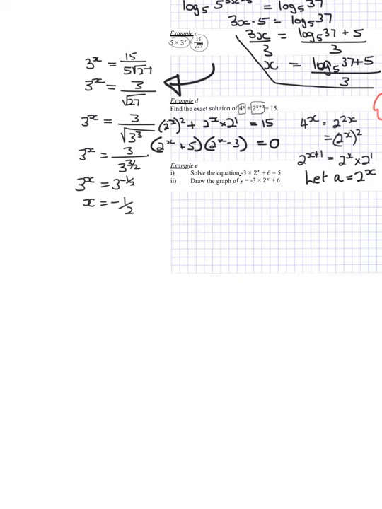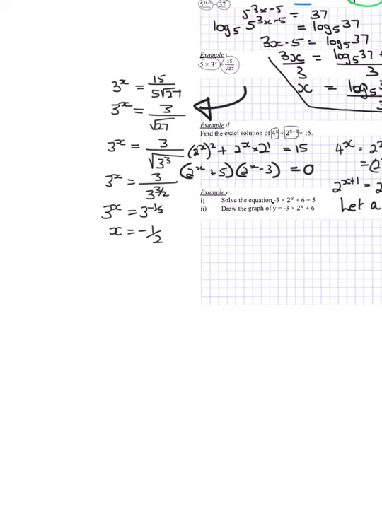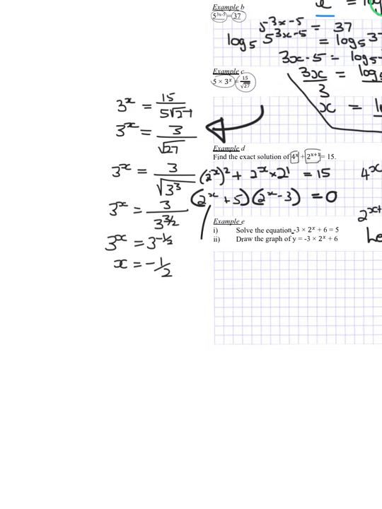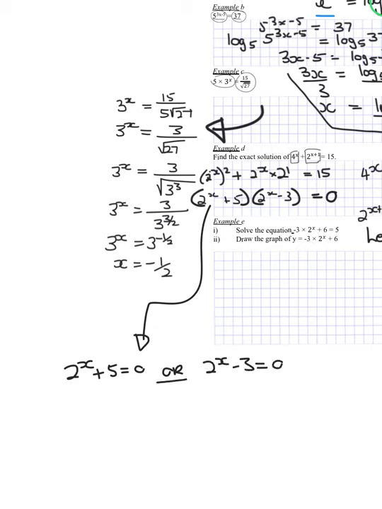Now, we're going to get two answers, and again, I apologise for running out of space, so I'm just going to head down here so I have a bit more space. So I'm either going to get 2 to the x plus 5 equals 0, or I'm going to get 2 to the x take 3 equals 0, and they're my two potential answers. 2 to the x therefore equals negative 5, or 2 to the x equals positive 3.